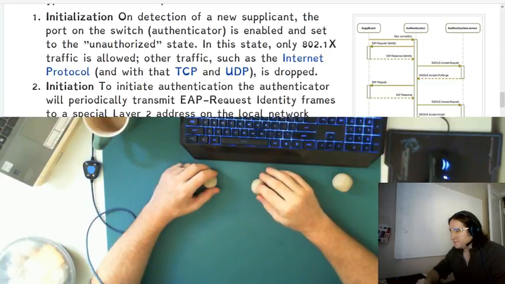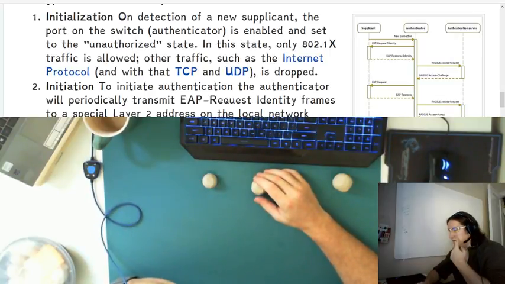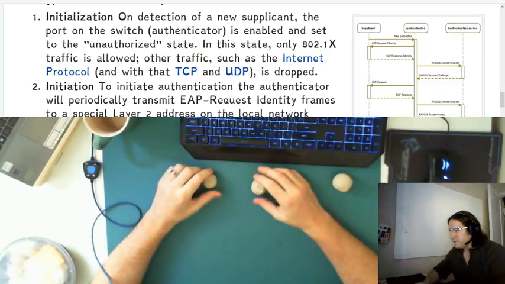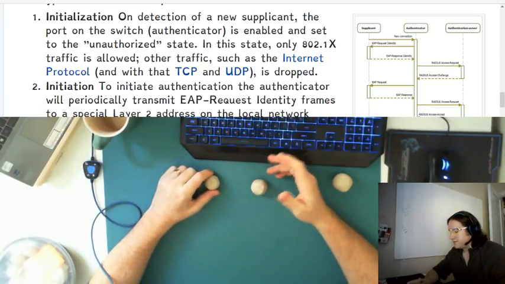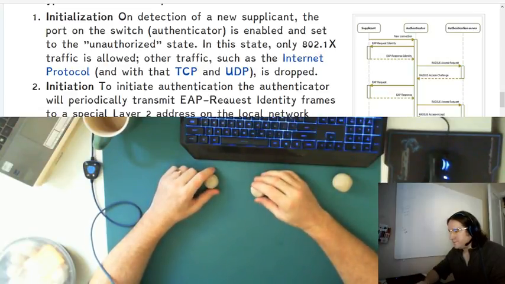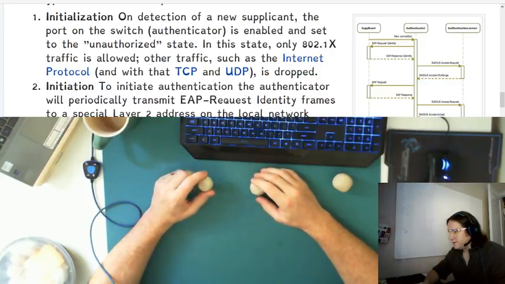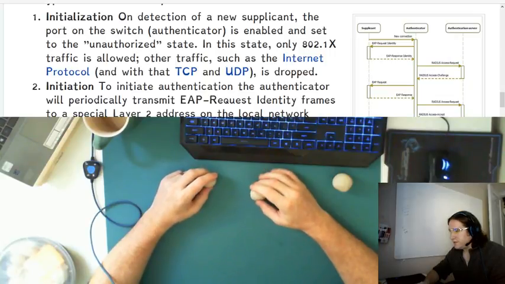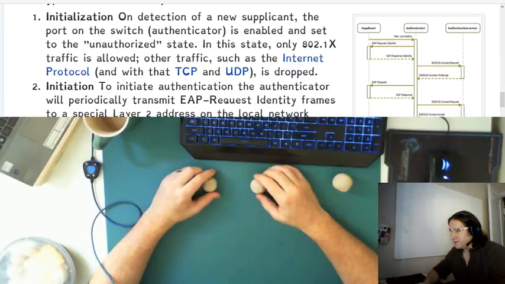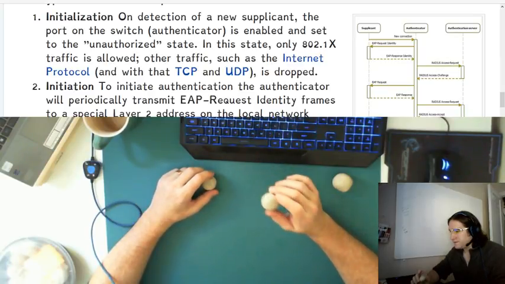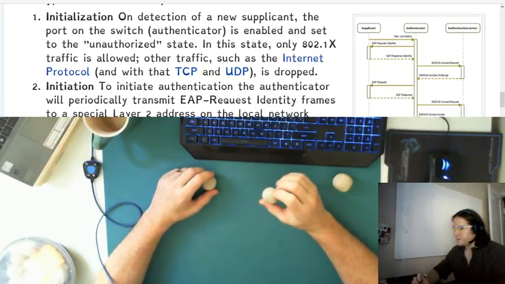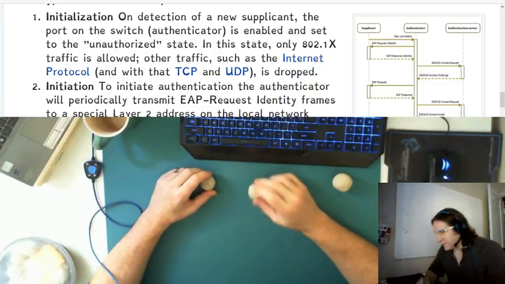I don't know what special layer 2 address means, like a broadcast. It should just say broadcast if that's the special. The supplicant listens on this address, and on receipt of the EAP request identity frame, it responds with an EAP response. So the authenticator is requesting a response.